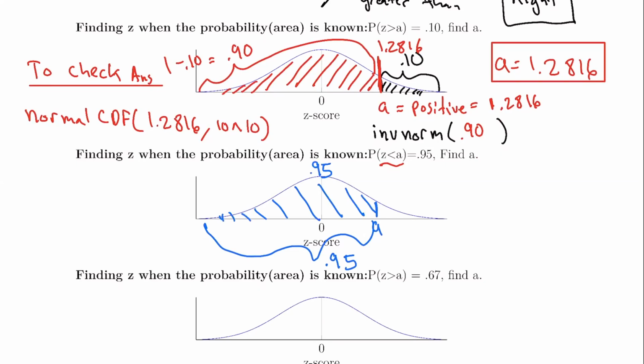All right, so what we're going to go ahead and do is inverse norm. Remember, we want the area to the left. So the area to the left is the blue area. So what should I put for the area?